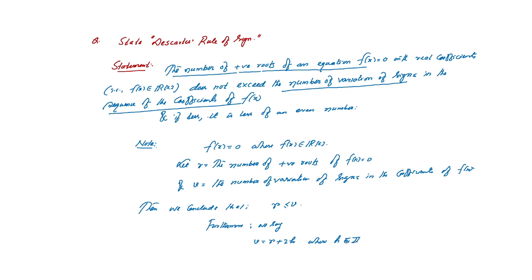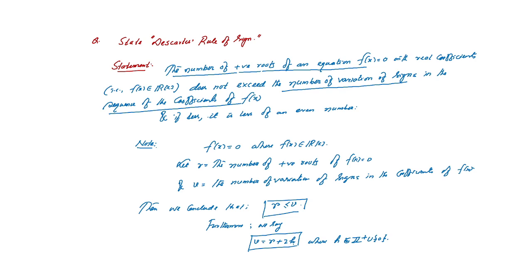So h belongs to Z plus union 0. So this is the statement. That means if it is less, then it is less by an even number. So these two pieces of information are very, very important. So that exactly says the Descartes' rule of sign.